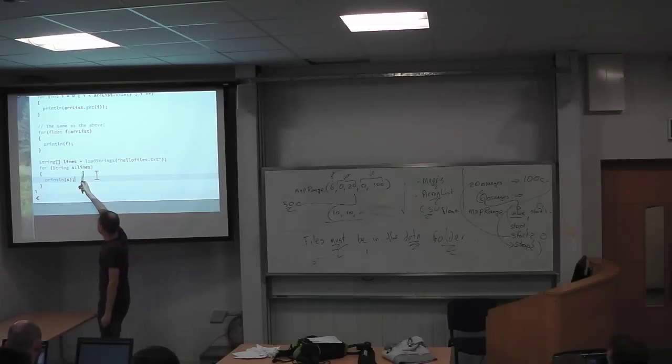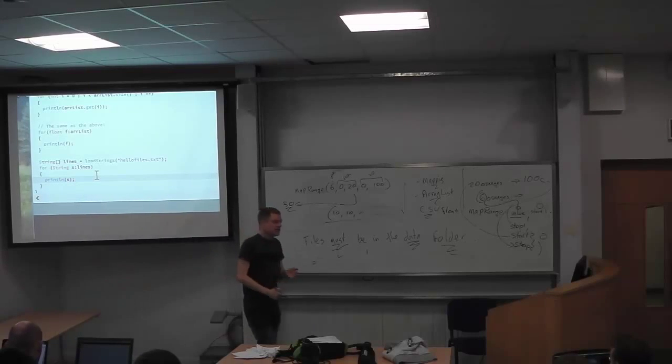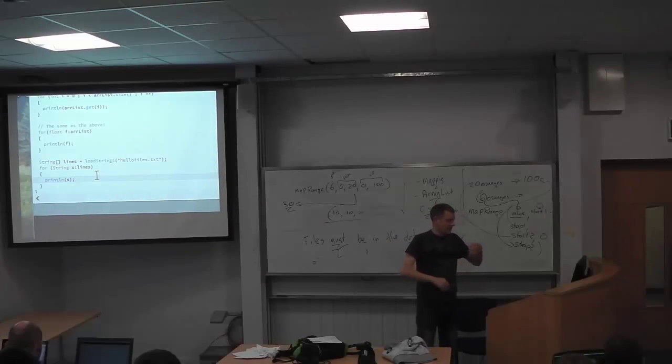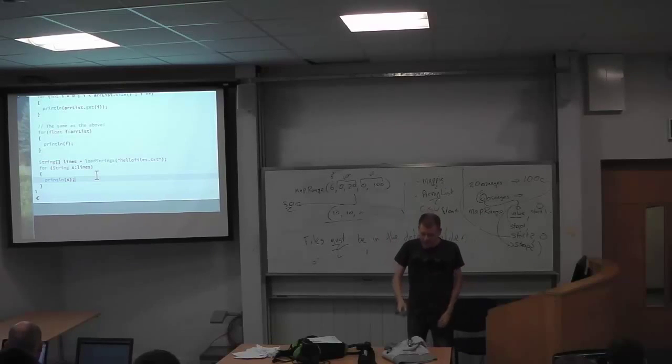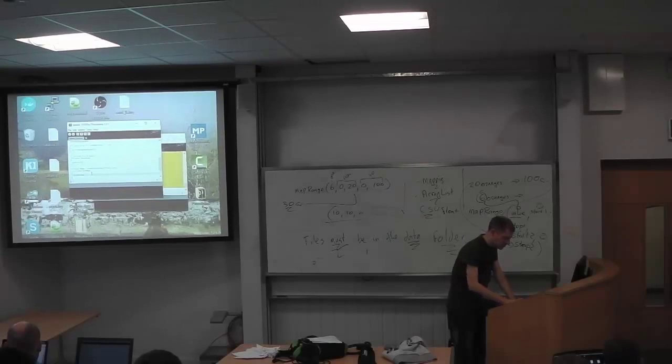Then for string s colon lines, every string in this string array gets copied into the string s, then this code gets executed for every value. So this is the same as writing for i equals 0, i is less than lines.length, i plus plus, and then println lines at position i. Is that okay with everybody? So we'll make this file, put it into this location, and test to make sure it works, and then we want to take a short break.